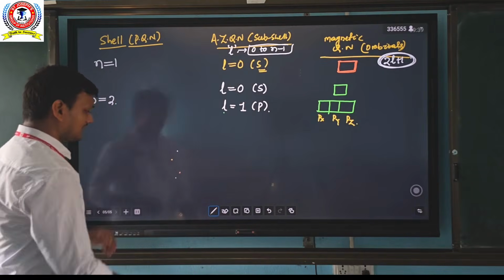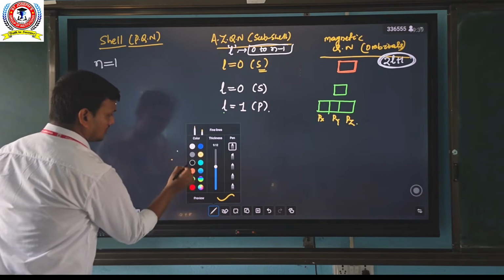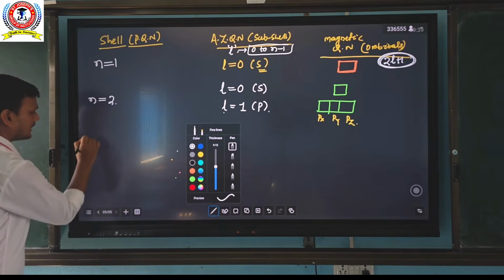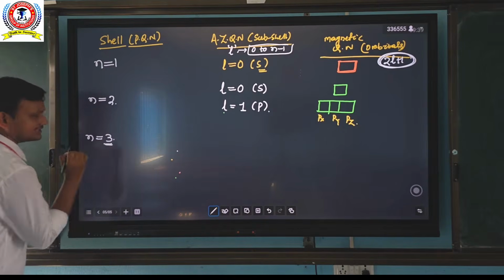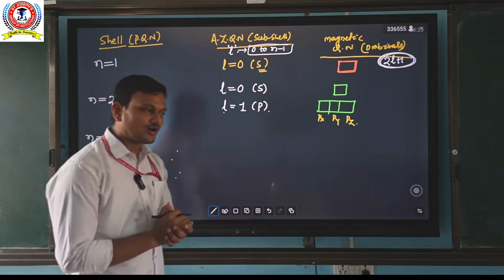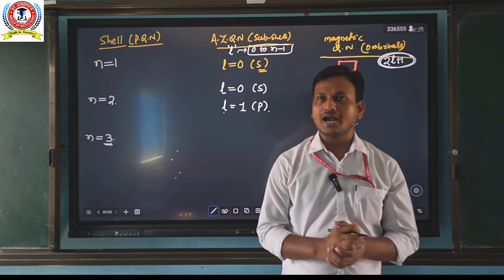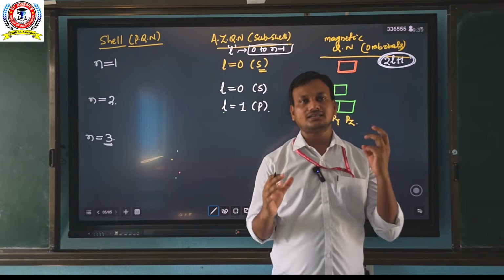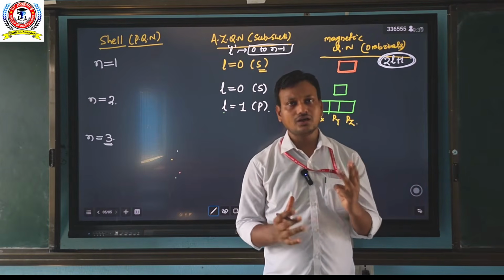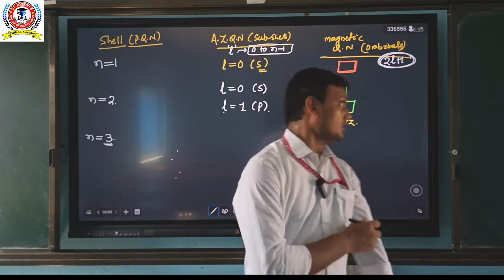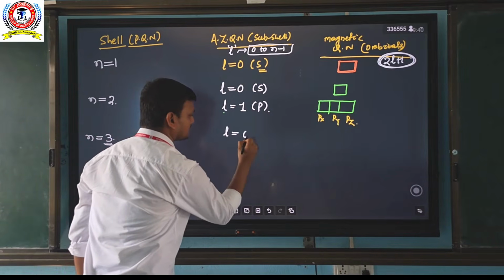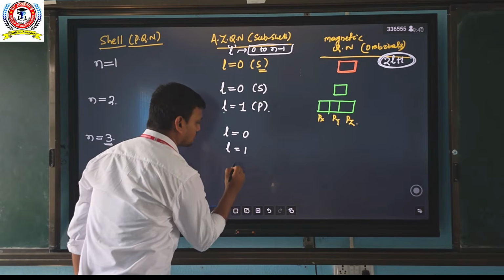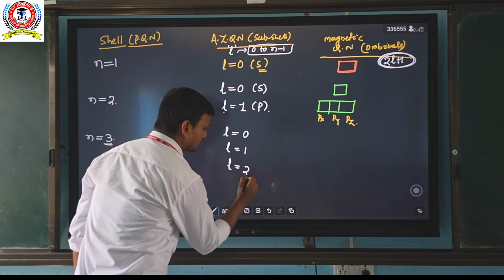Okay. Next, come to the third shell, and for the third shell we know that the value of n is equal to 3. In the third shell there are three subshells present. For the third shell, the value of l comes out as 3 values: l is equal to 0, l is equal to 1, and l is equal to 2.